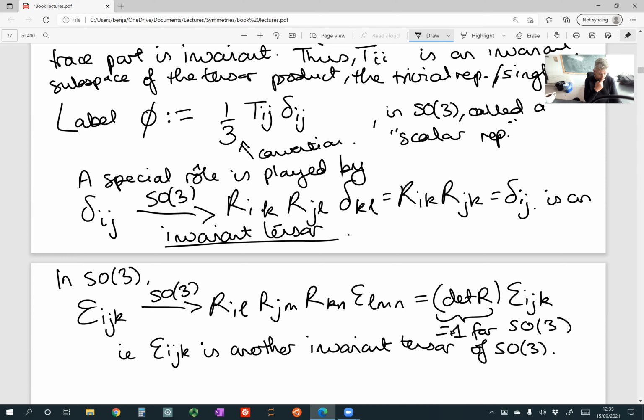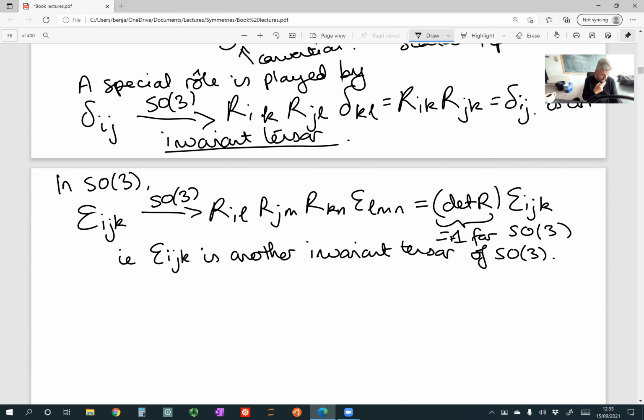All right. So in fact, those are the two basic invariant tensors, and we can build up other invariant tensors using them. So higher rank invariant tensors.